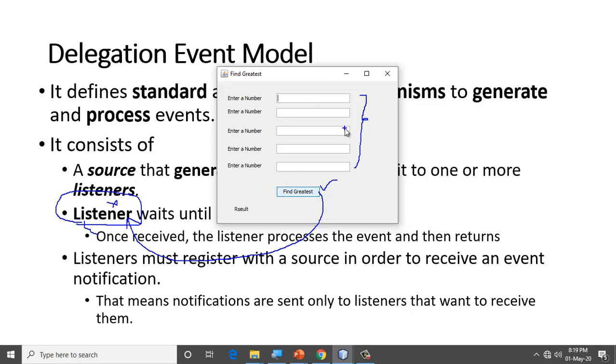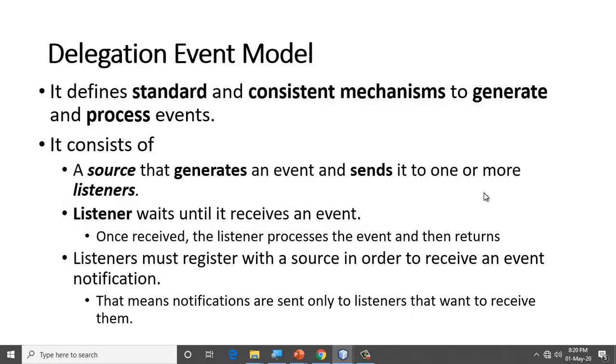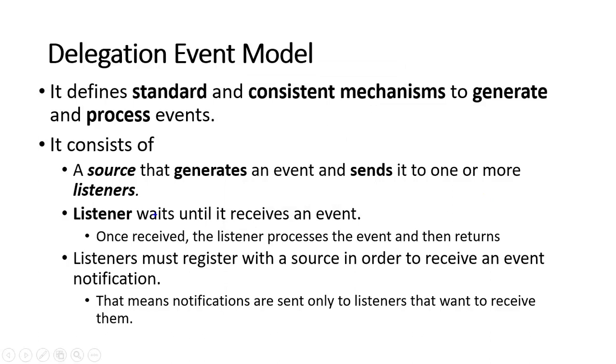However, there is one small twist to this whole thing, and that is that not every listener will listen to every event. In order for a listener to listen to a particular event, it must register itself with the source.